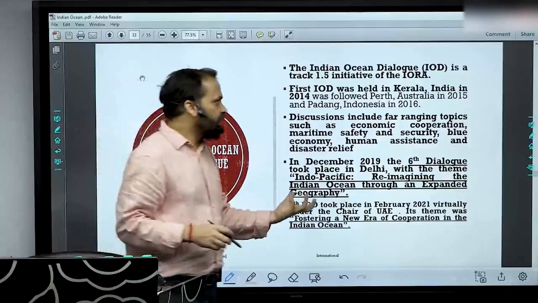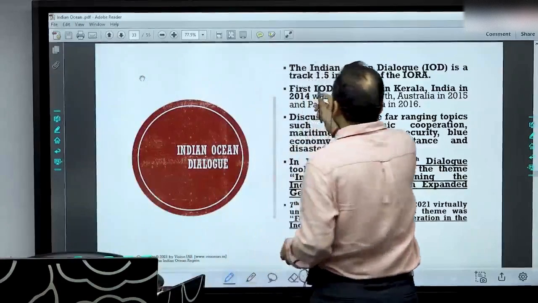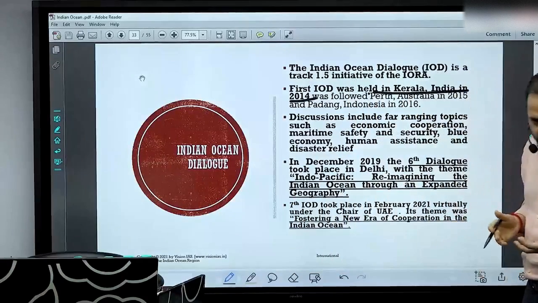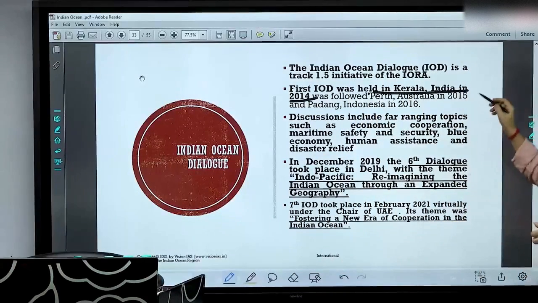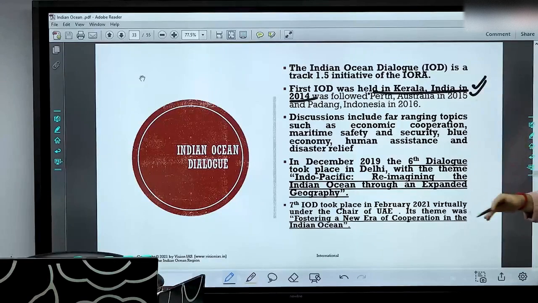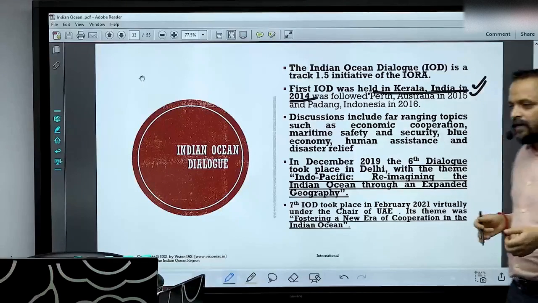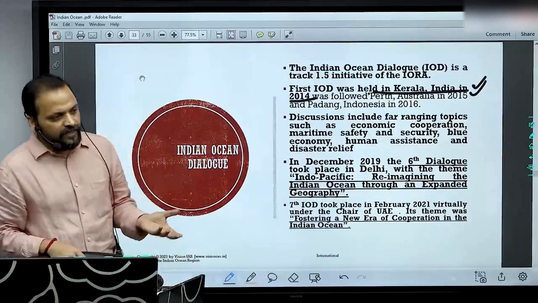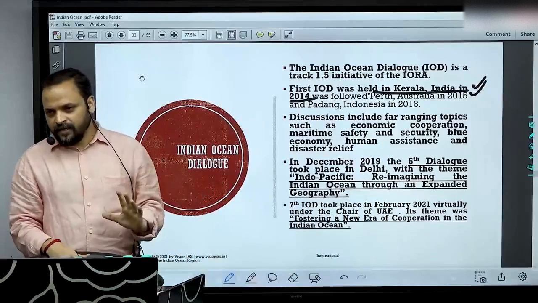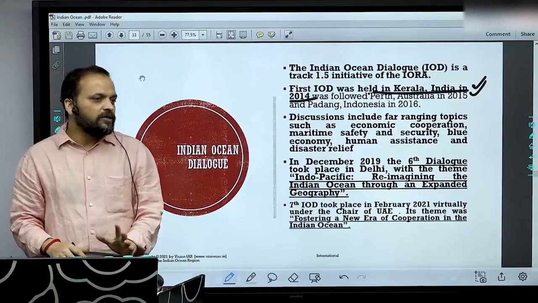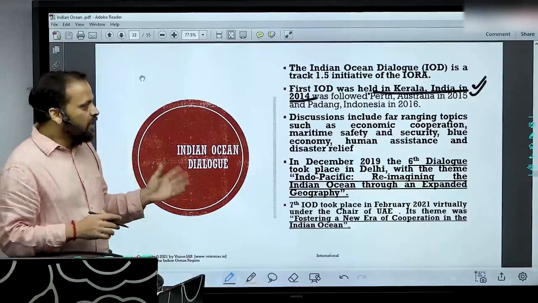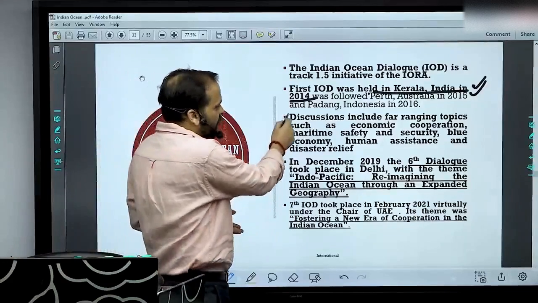Now, you will remember that the first Indian Ocean dialogue was held by India in Kerala first, in India. So that is important to remember, followed by Perth, Australia, or followed by Padang in Indonesia. Not very important, but when India is holding something, it is important, and especially if it is first. So first Indian Ocean dialogue, 2014, India, right?